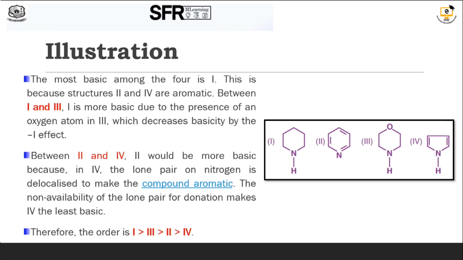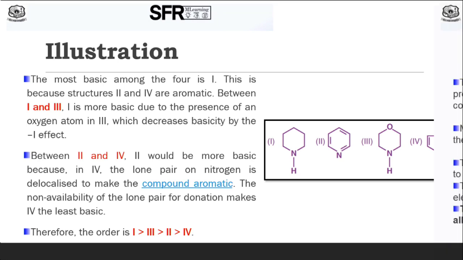Among the 4, the first one is more basic when compared to the second, third and fourth. Next in the order comes the third one, which is more basic when compared to the second and fourth. Saturated bases have more basicity when compared to the unsaturated ones, that is pyridine and pyrrole.